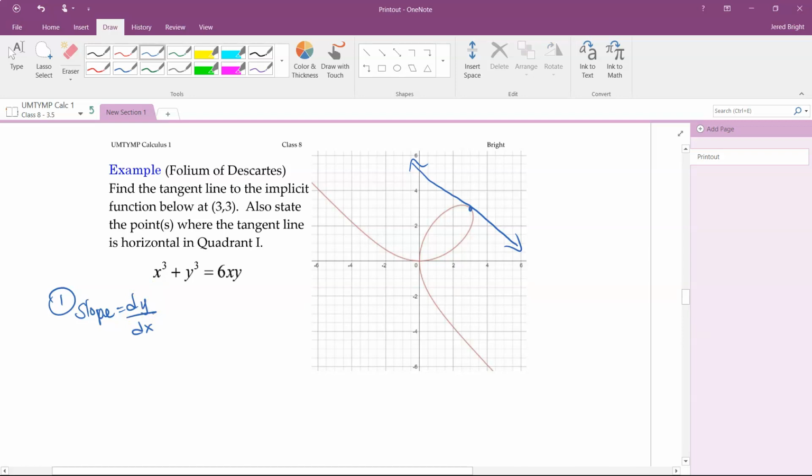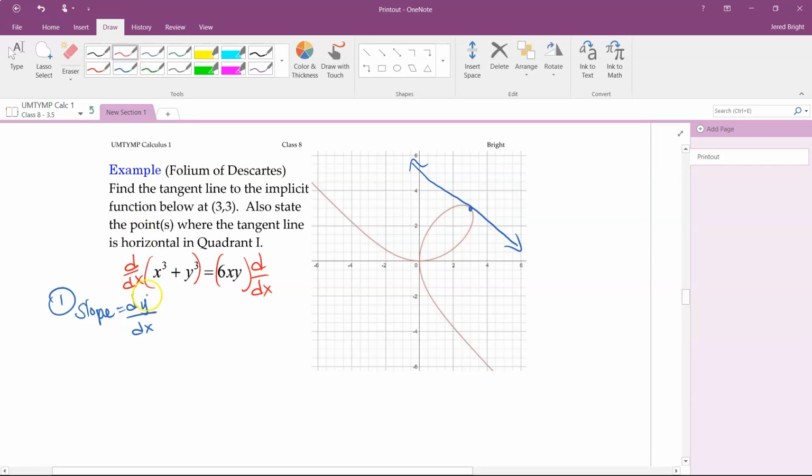We know that to find dy/dx, we have to differentiate this. Now I'm going to engage in implicit differentiation, so I'm going to apply the d/dx operator. I'm going to differentiate both sides with respect to the variable x, because that's what the slope is. Oops, I forgot the x on the left side.